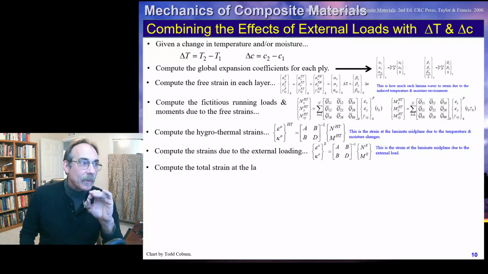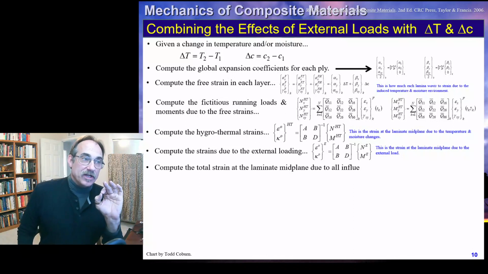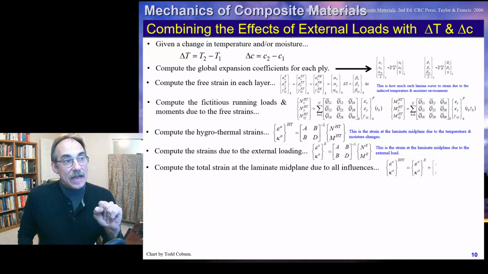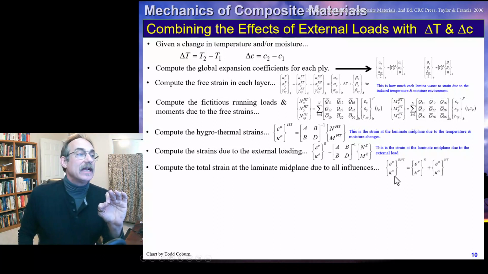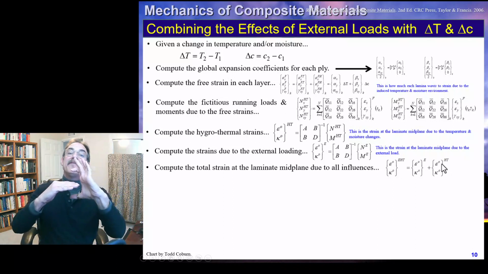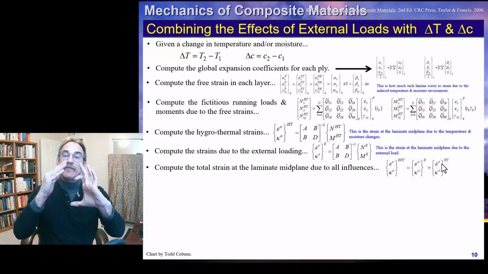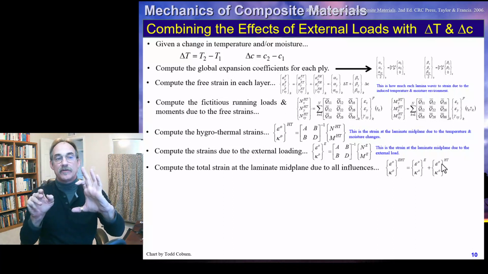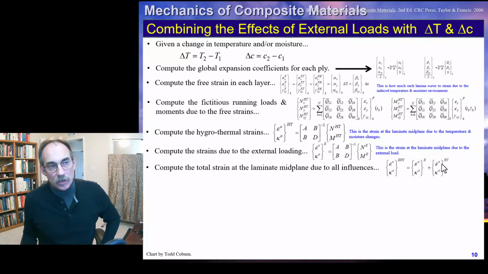Okay. Now, if we want to compute the total strain at the laminate midplane due to all effects, we can write it this way. The strain due to external load plus the strain due to hydrothermal effects. Once again, we're dealing with the midplane of the laminate, so we have strains and curvatures for the external load and strains and curvatures due to the hydrothermal load.